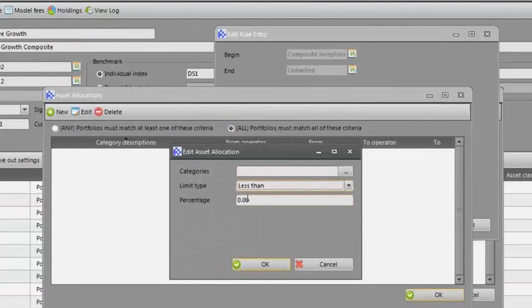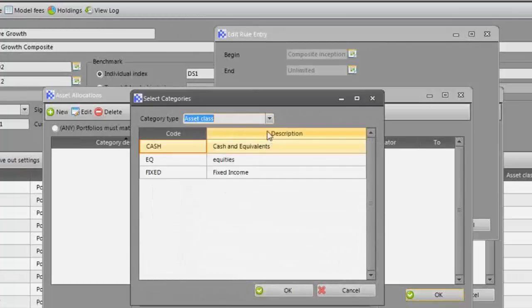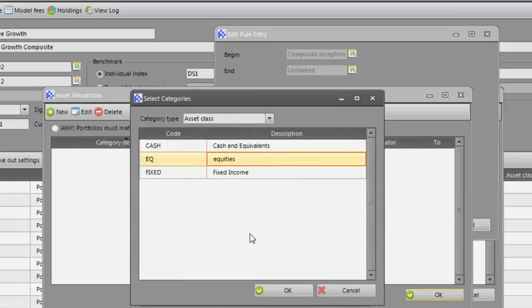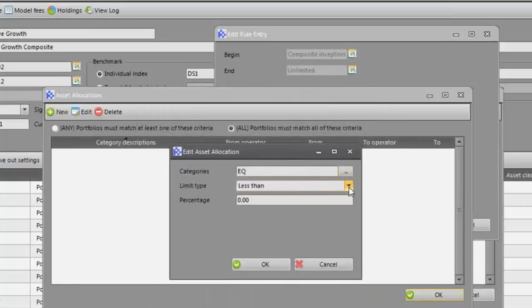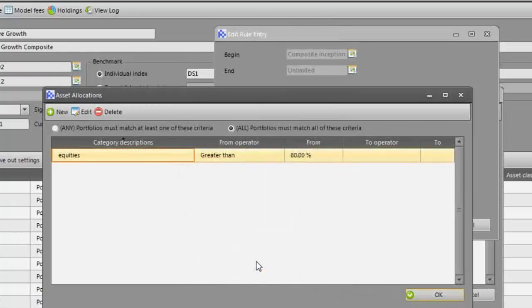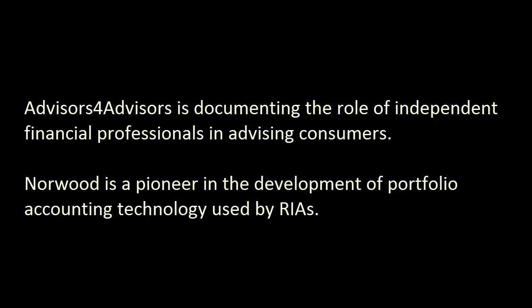And so, for example, I could create a rule that says include every portfolio in this composite that has an equity asset class that is greater than 80%. And I can build a rule based on asset class, sector code, security type, subsector, and this, of course, can be in combination with, or even security type like mutual funds. That could be in combination with the size of the portfolio.